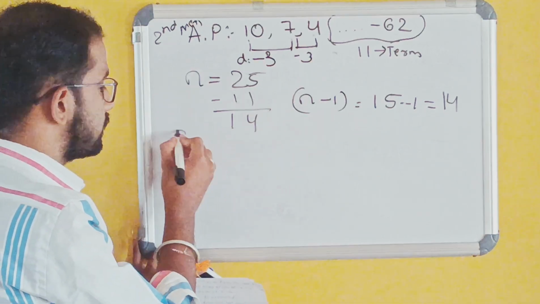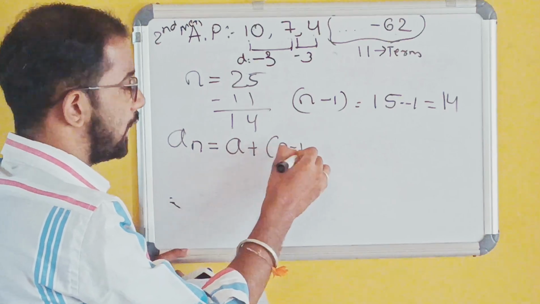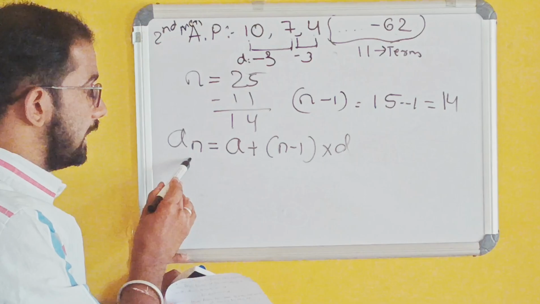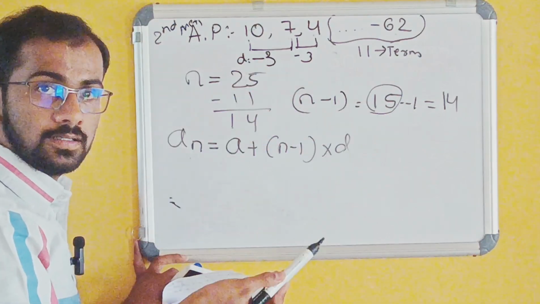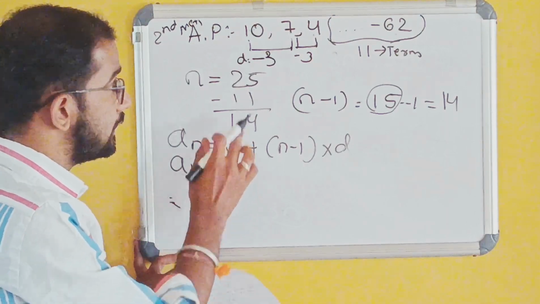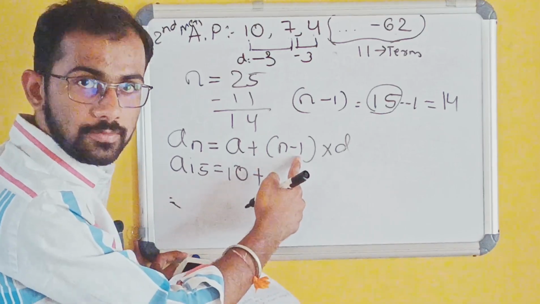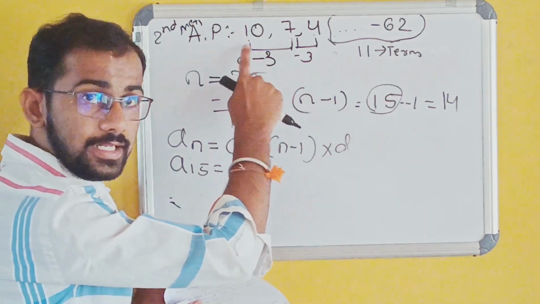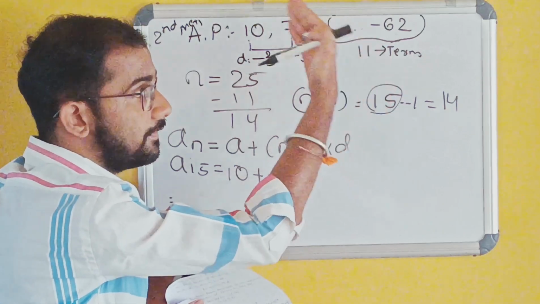So see here. Now a_n equal to a plus n minus 1 into d. What is n here? n is 15. a is 10 in this case. 15 minus 1, 14. So the last term is 14. From the beginning it is the 15th term. From the last term it is the 11th term.